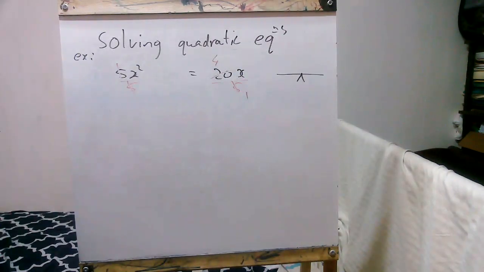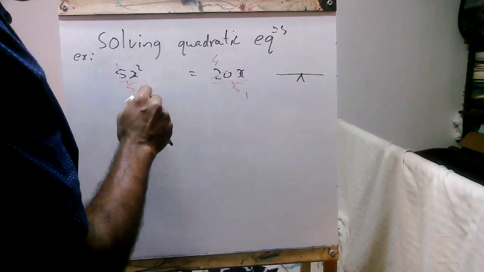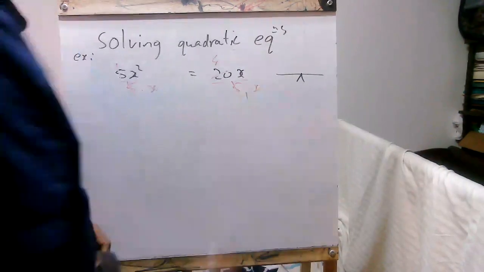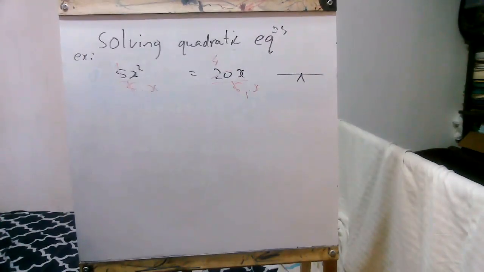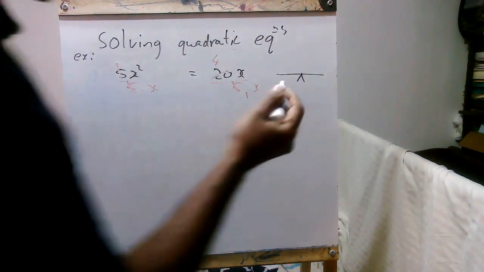The question is, can we divide both sides by x? At a glance, some of you may say yes, we can divide by x. But first of all, I will ask you a question.